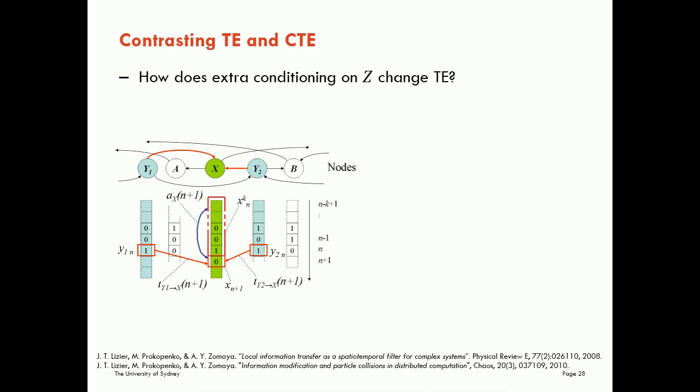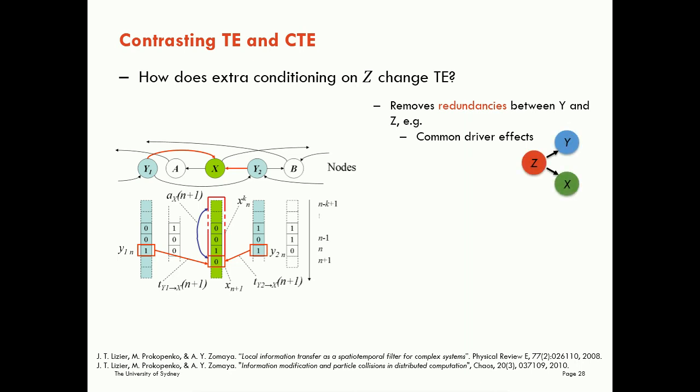The big question then is, how does the extra conditioning on our other source Z change the transfer entropy? Well, the change could be in a number of ways. One change is that it removes redundancies between the source Y and the conditional Z in the same way that the conditional mutual information conditioning on some other source Z removed redundancies.